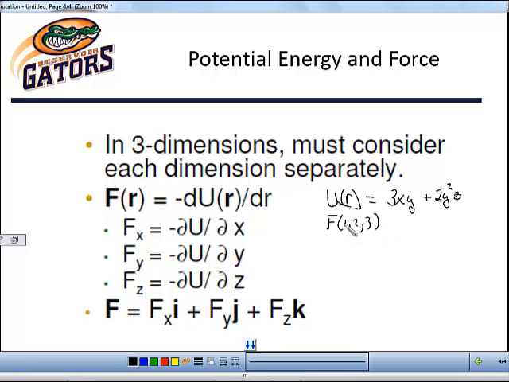So in the x direction, a unit of 1, in the y direction 2, and then in the z direction 3. What is that equal to?